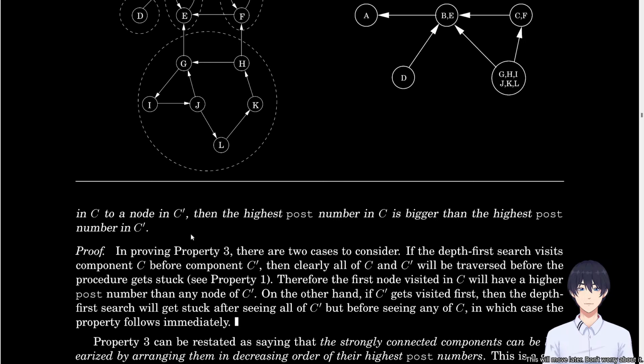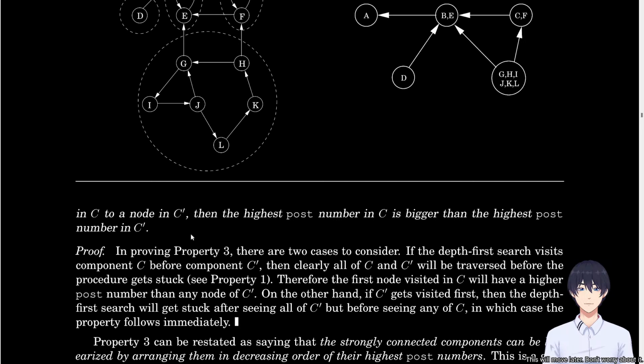Before I read that proof, I want to think a bit. How about you start in C prime? You aren't guaranteed to have an edge to C. But what if you have an edge to C?